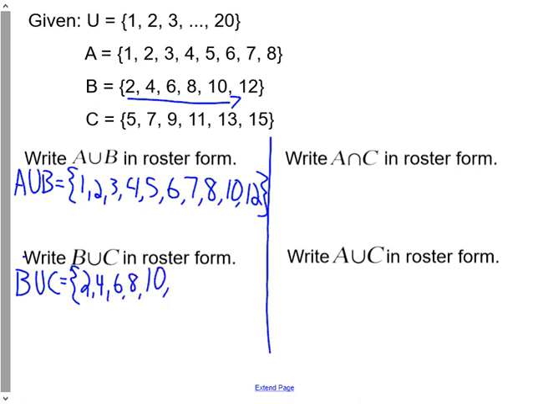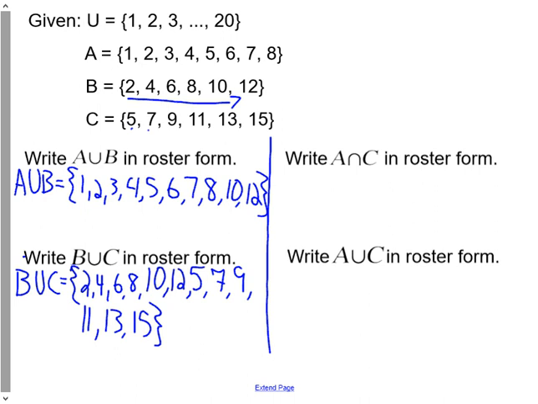I'm going to take a little less space than last time. And now 5 isn't above, 7 isn't above. So it looks like we're just going to write the whole C set here. 5, 7, 9, 11, 13, 15. And there is B union C, right? Lots of elements in there.